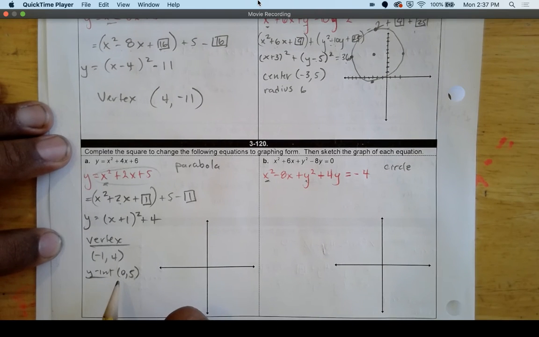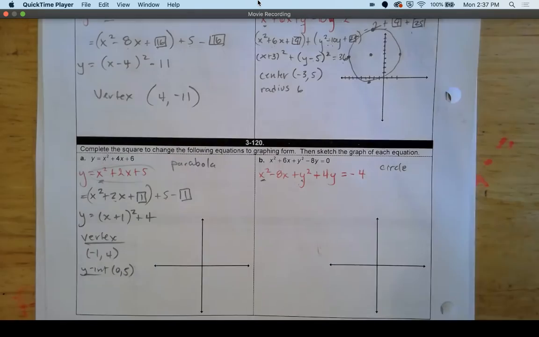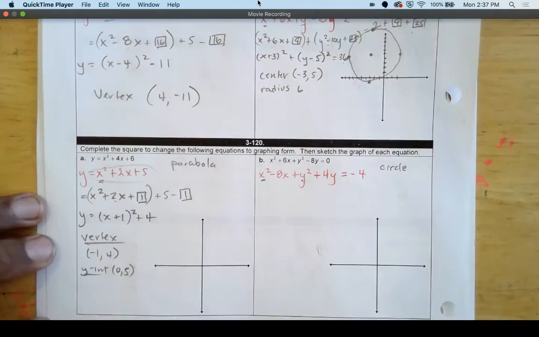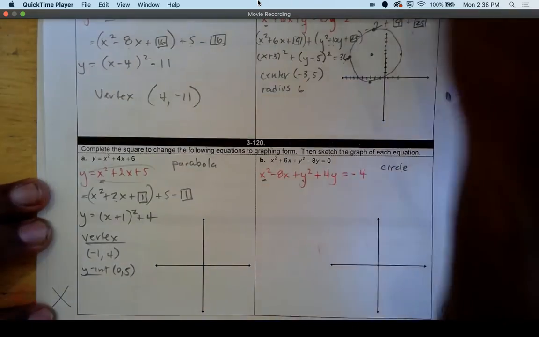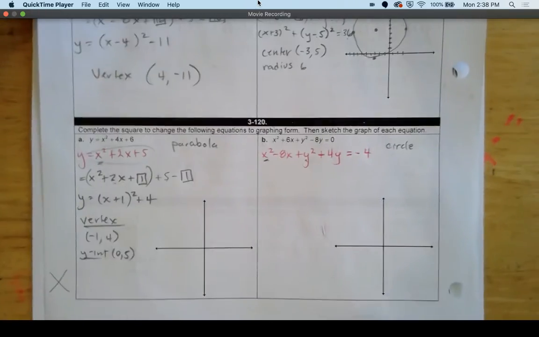Okay. And then what am I going to do to figure out the x-intercepts? Well, to find the x-intercepts, I would need to set up the factoring, right? That's what we usually do.